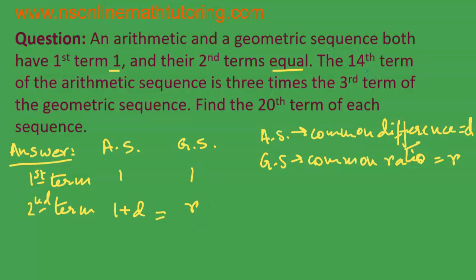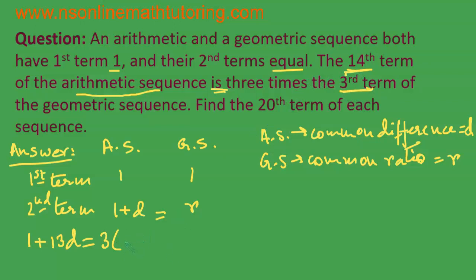And the next information that they are giving is about the 14th term of the arithmetic sequence. What is the 14th term? It will be U1, that is the first term, which is 1, plus n minus 1, 14 minus 1, which is 13, D, and this is equal to 3 times the third term of the geometric sequence.